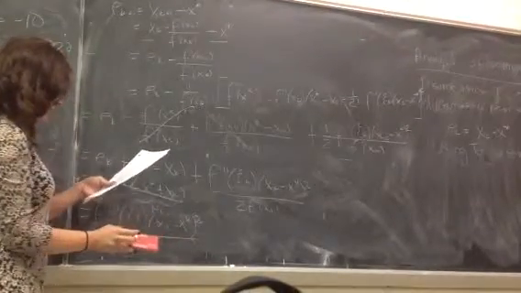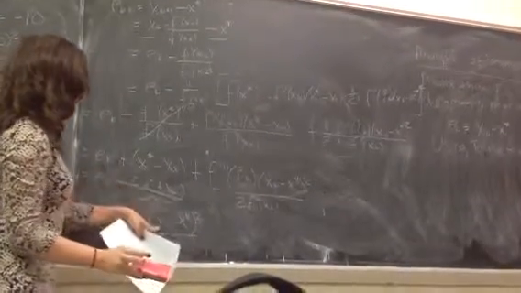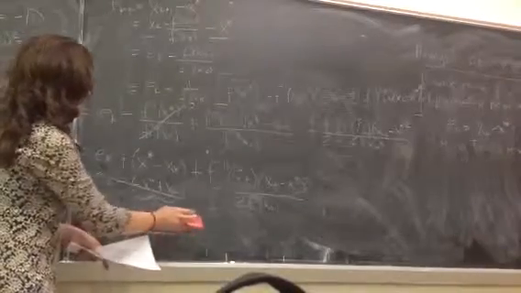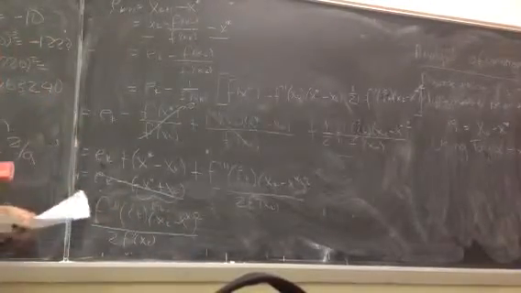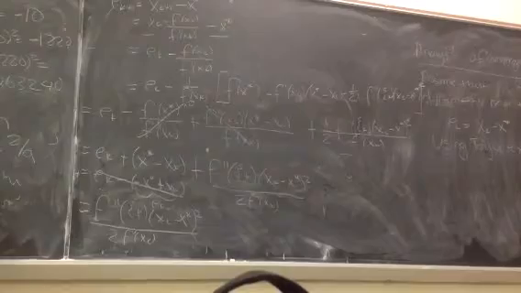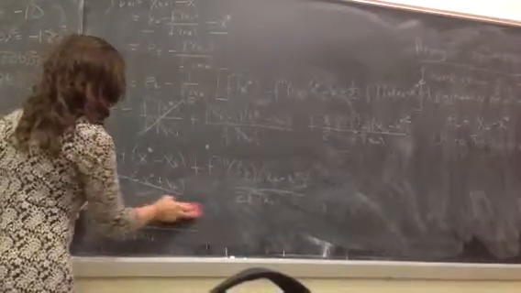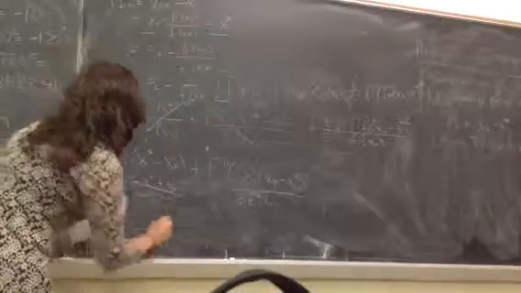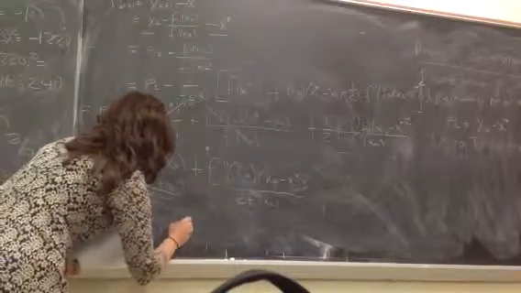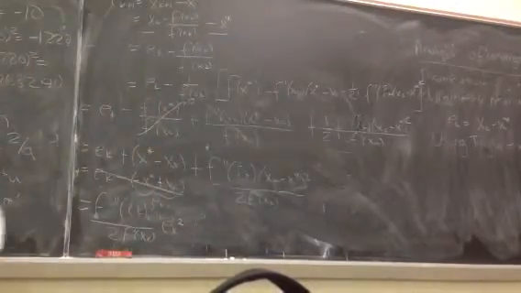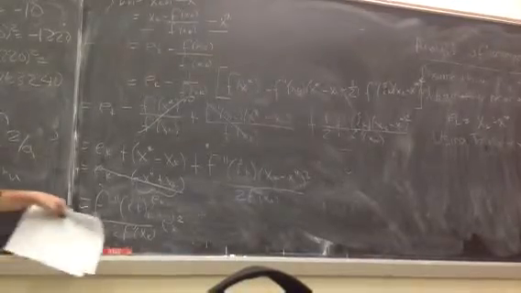No, wait, I'm sorry. This right here, x_k minus x star, is what? e_k. Right. So that just becomes e_k squared. So now we finally worked this out.